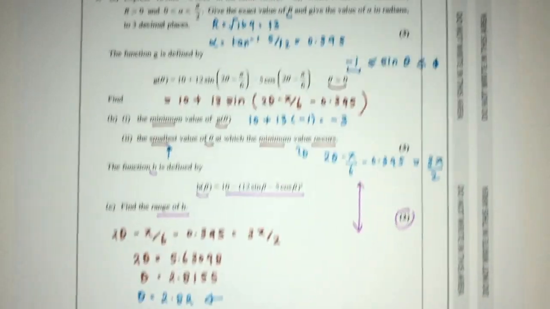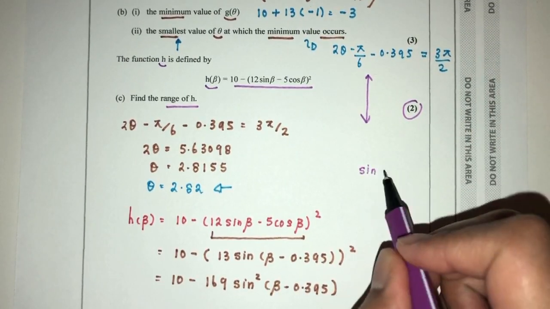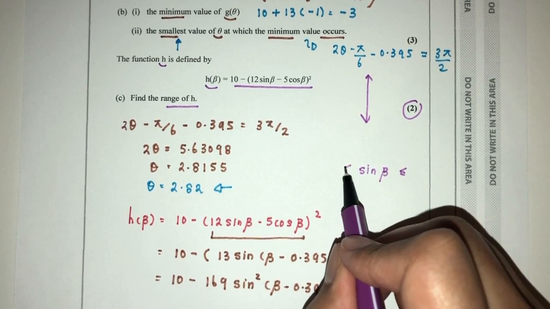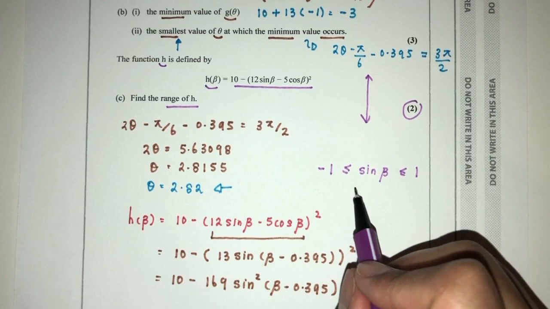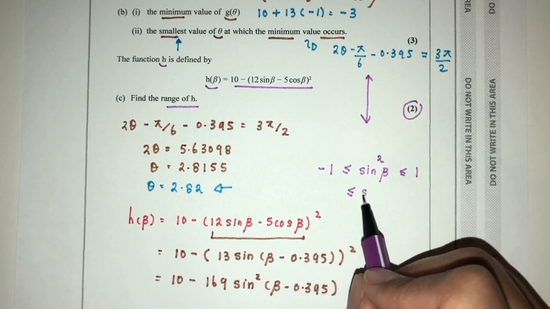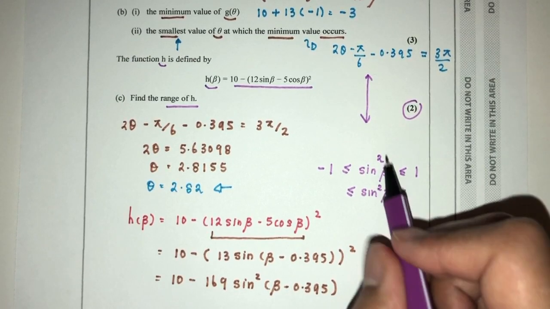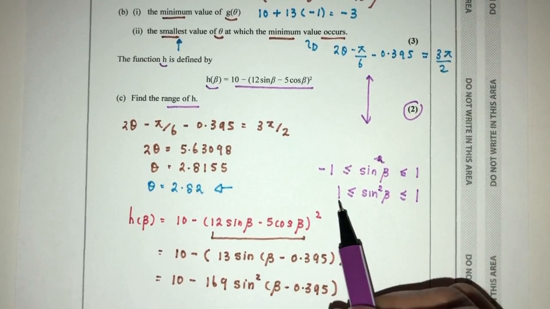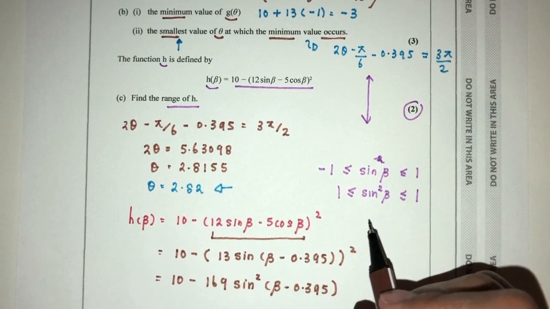So the idea is that because we know this, let me write this down again. We know that sine of the angle, let's call the angle beta, why not, has to be between the value of minus 1 and 1. But if you were to find the square, we understand the square has to be between 1 and 1. But again, obviously it will not be that way because we also have the value of 0 in between.